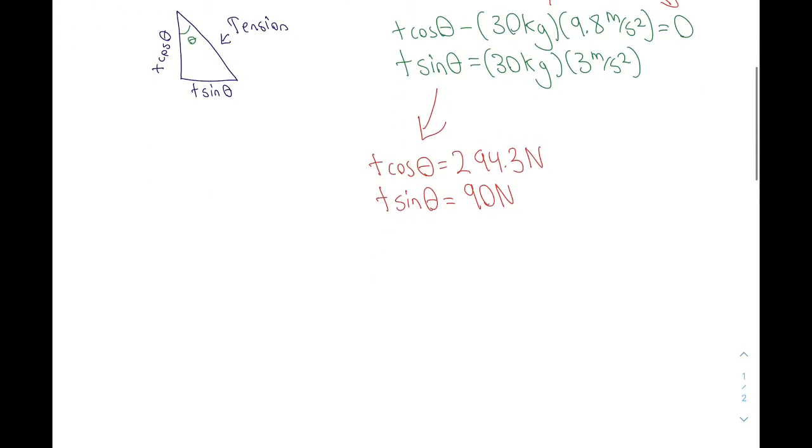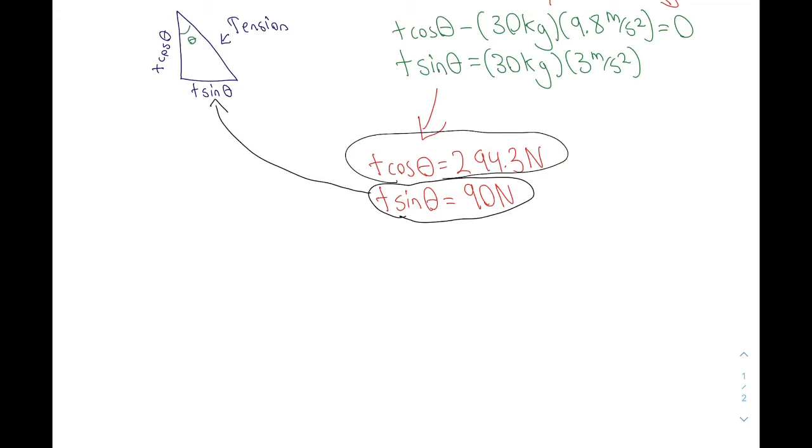And so now we have two values for both components, T sine theta as well as T cosine theta.